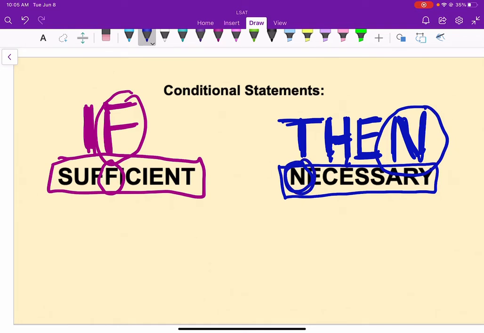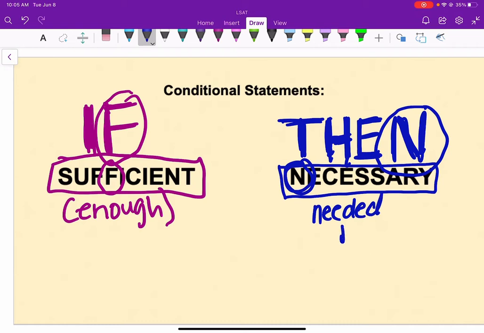And so when it comes to describing what these words mean, sufficient just means enough or to trigger. Where necessary just means needed. Some people like to use the word requires or maybe depends on. It's something that we have to have.